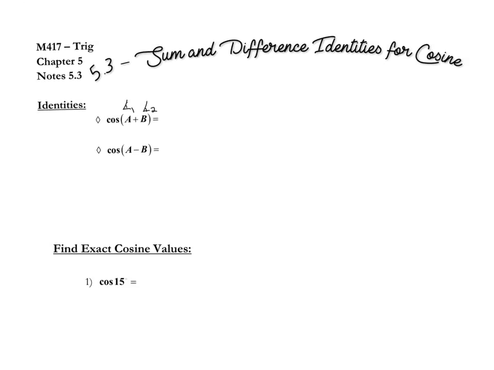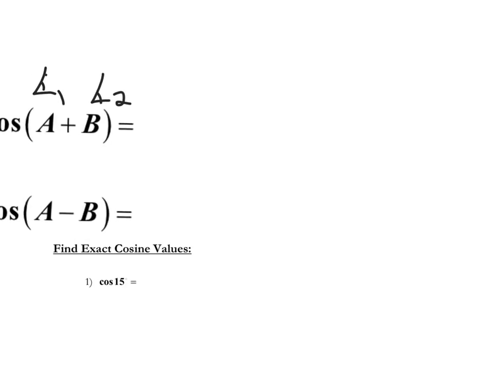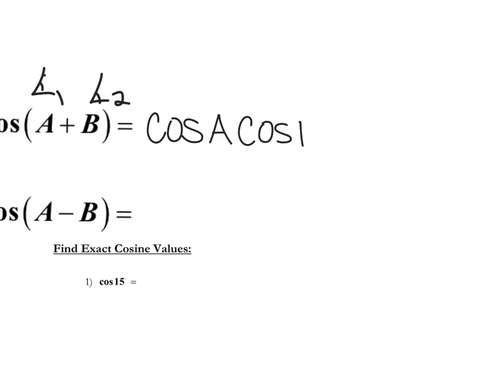I'm going to give you the formula. It is cosine of angle A plus angle B is cosine of angle A times cosine of angle B minus sine of angle A times sine of angle B.